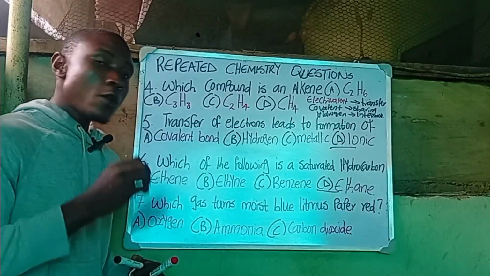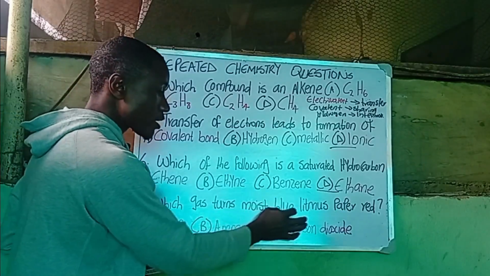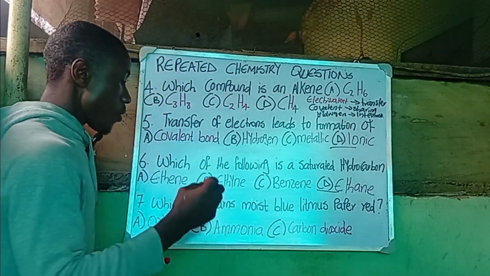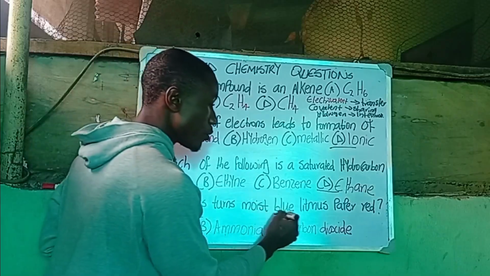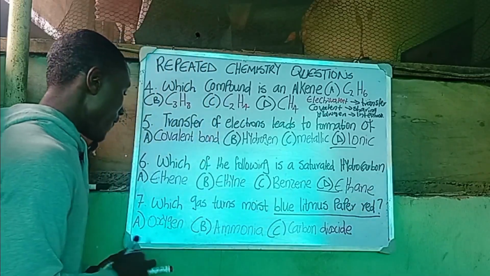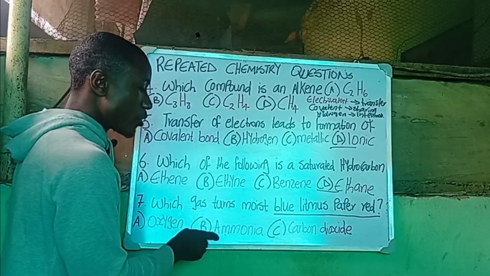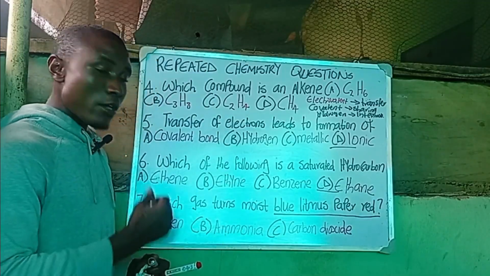Question number 7 says, which gas turns moist blue litmus paper red? We have A, oxygen, B, ammonia, and C, carbon dioxide.